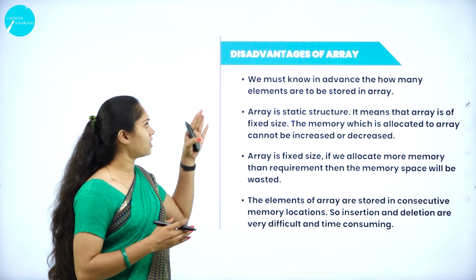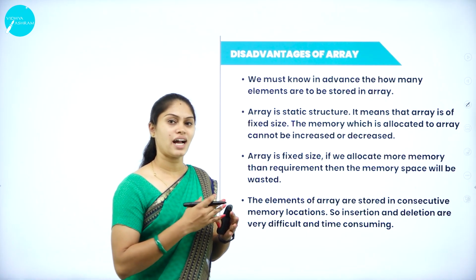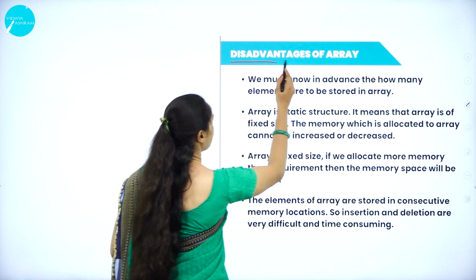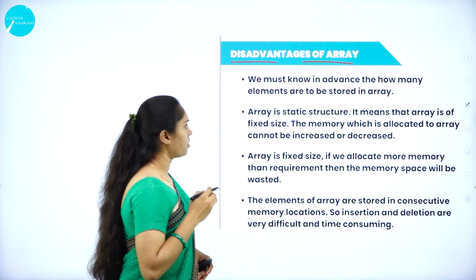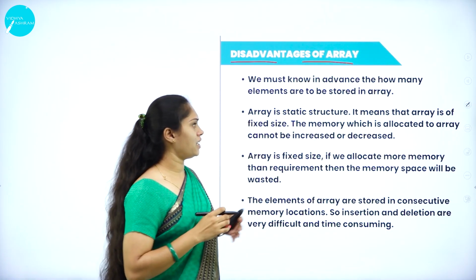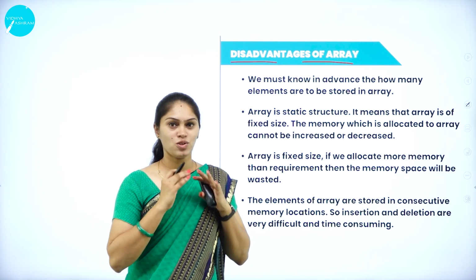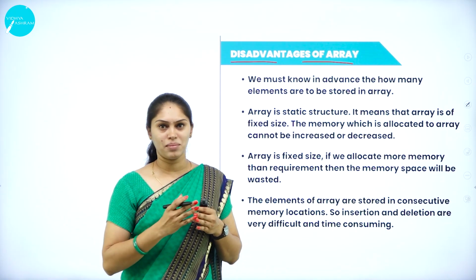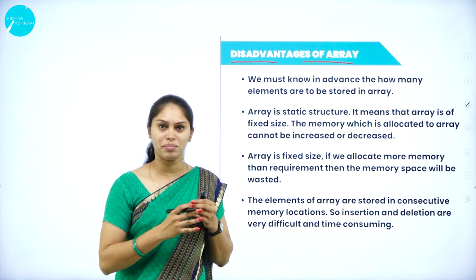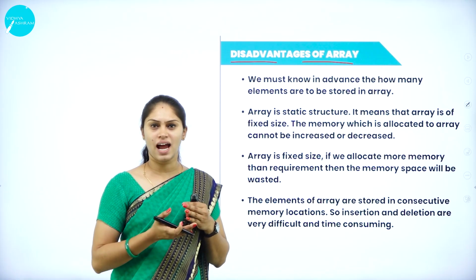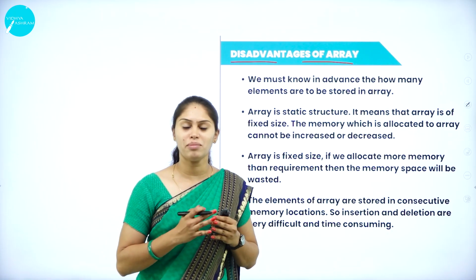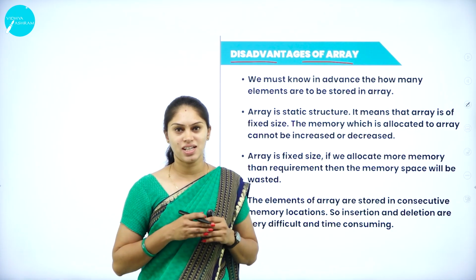Now we'll see the disadvantages of an array. We must know in advance how many elements we are going to store in an array. So it is static, not dynamic. Array is a static representation, so we must specify the number of elements in the initial stage itself.